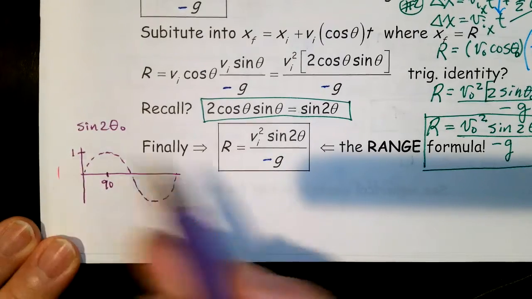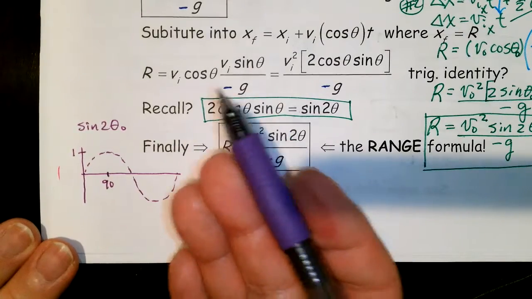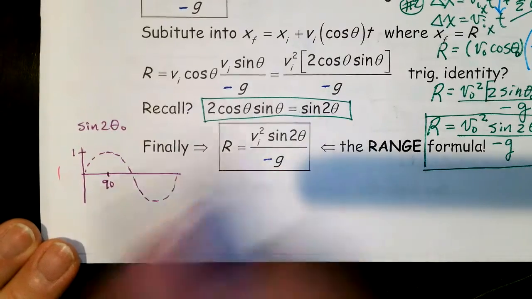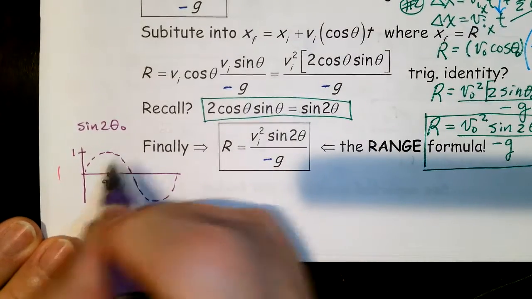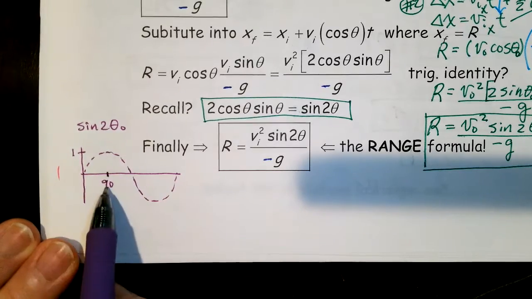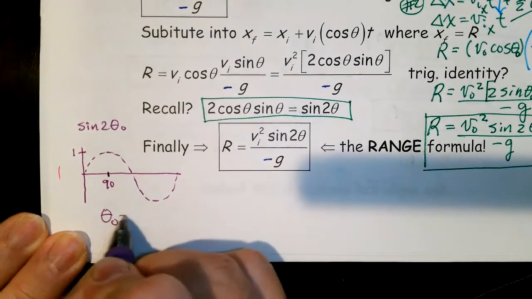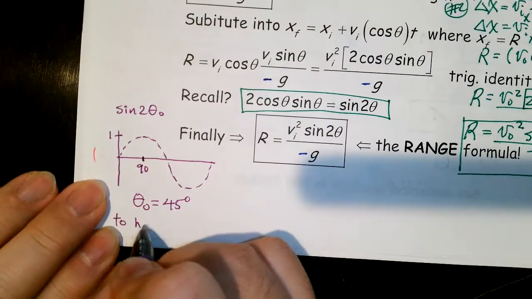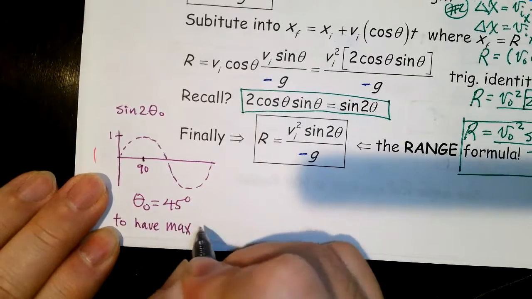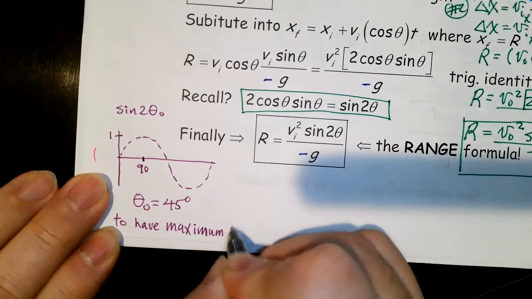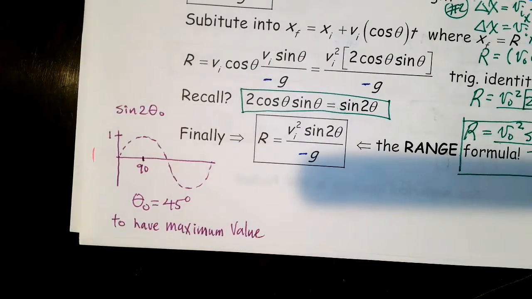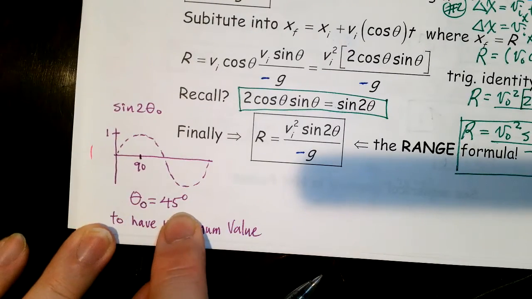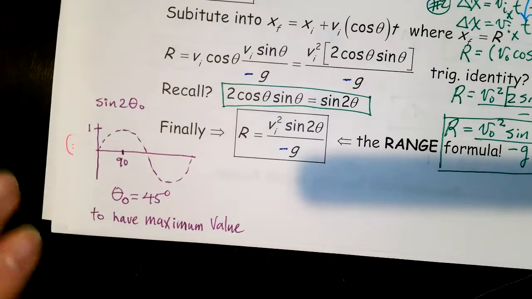Oh, I thought you meant for, yeah, therefore, this theta has to be 45 in order to make that into 90. So because the sine function has a maximum of 1 at 90, this theta naught has to be 45 degrees to give the maximum range.